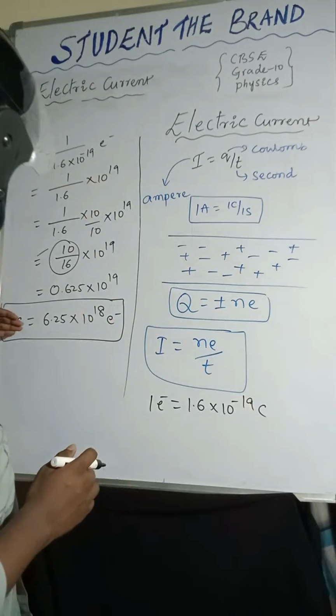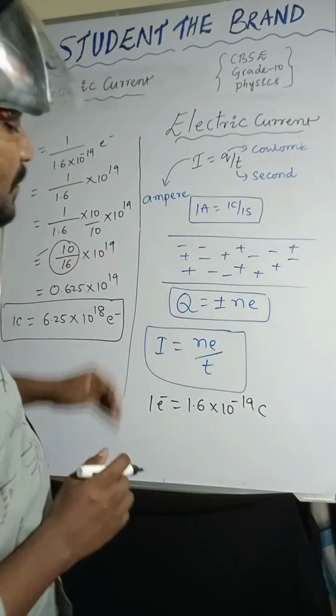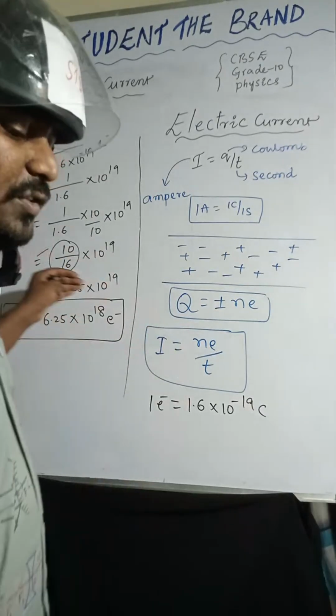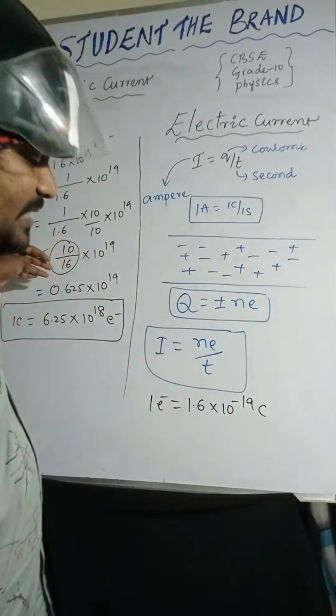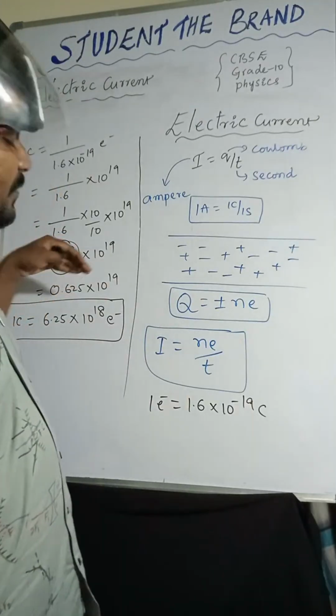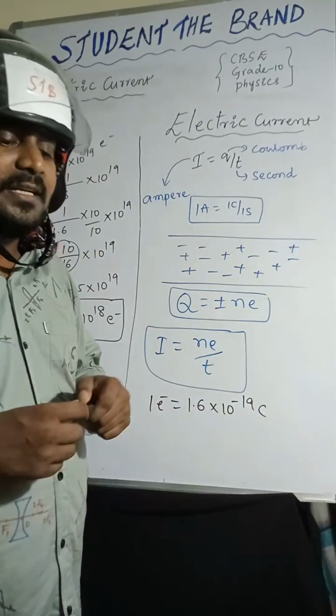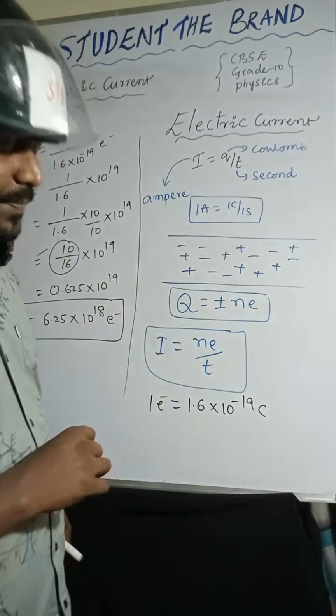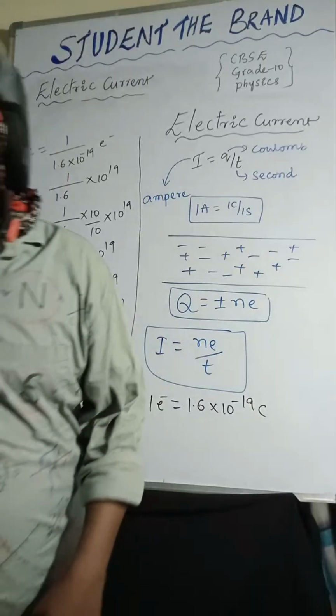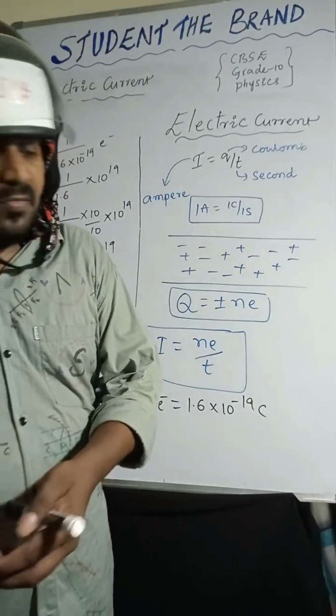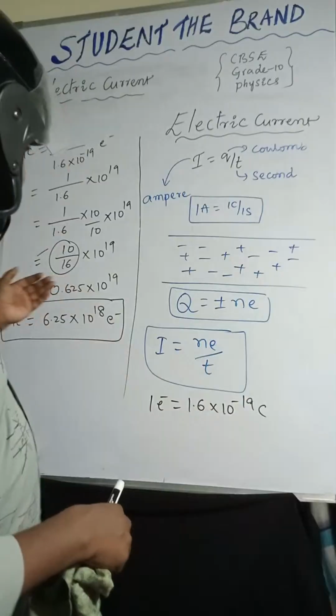That is, in 1 coulomb, 6.25 into 10 power 18 electrons are present. Yes or no?